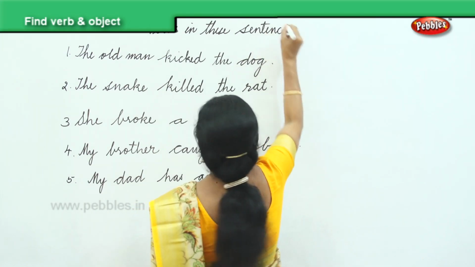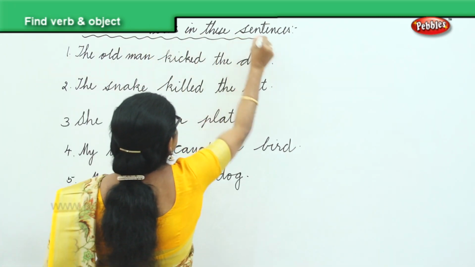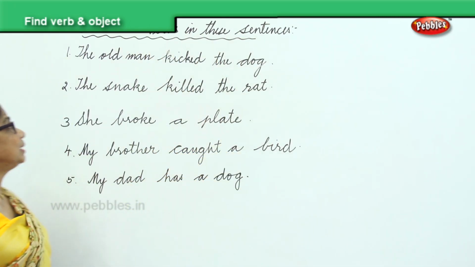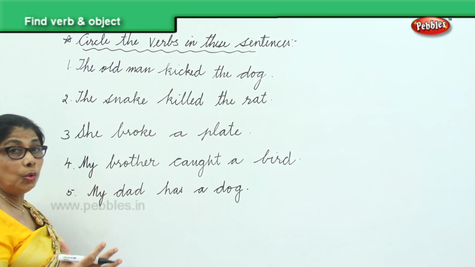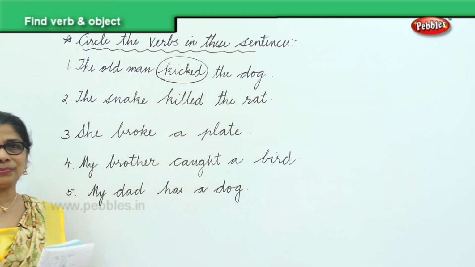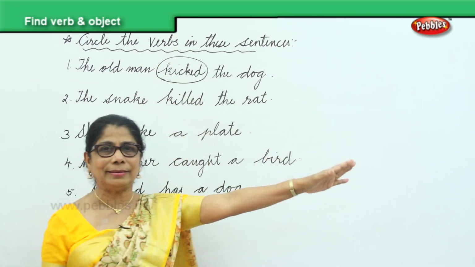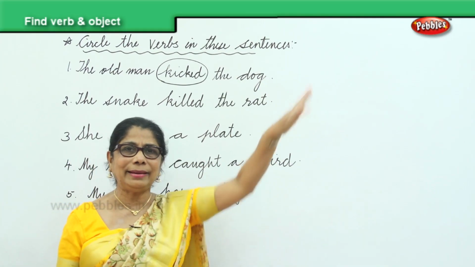We have sentences here and we are supposed to circle the verbs. Which is the subject? The old man. What is the action the old man is doing? The old man kicked. So, what is the object here? The object is the dog. The old man kicked the dog.